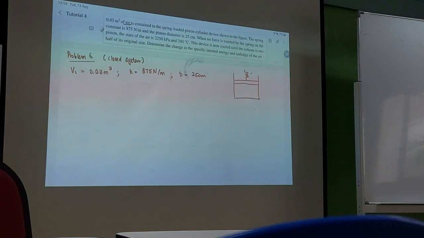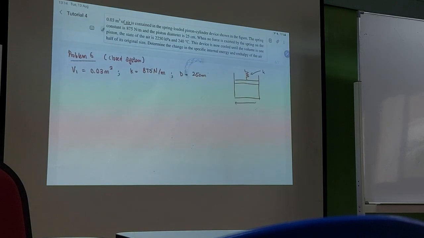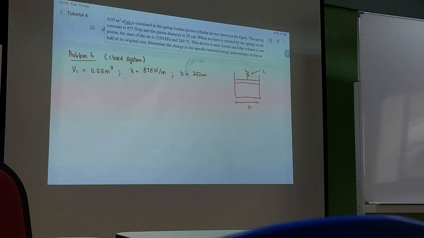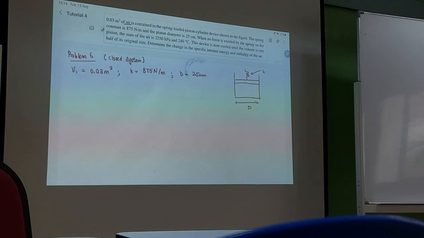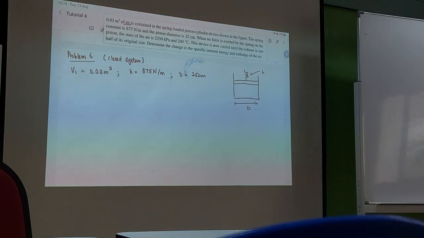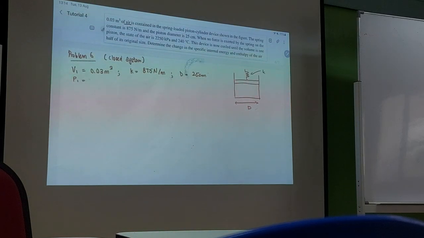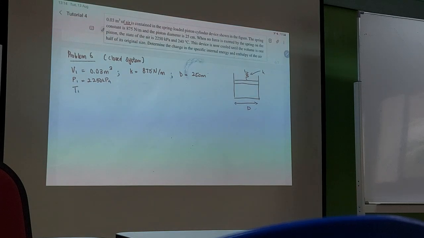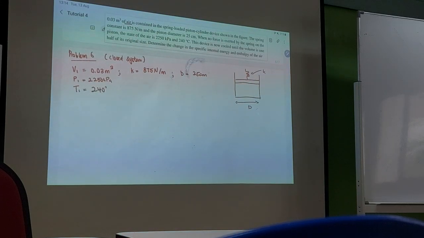So this is k, and you have the diameter here. Initially, you are told that when no force is exerted by the spring on the piston, this is the initial state. So initial state P1 is 2050 kilopascal, T1 is 240 degrees Celsius.